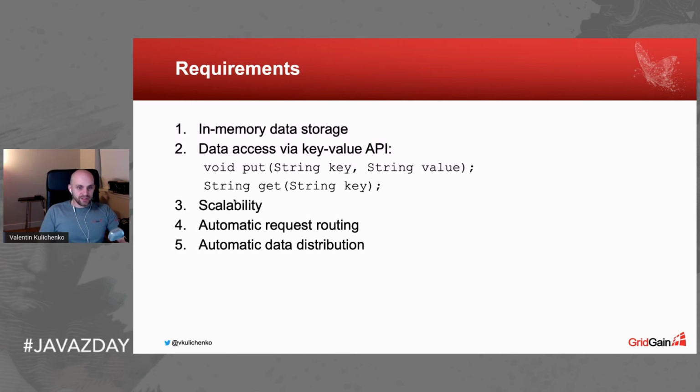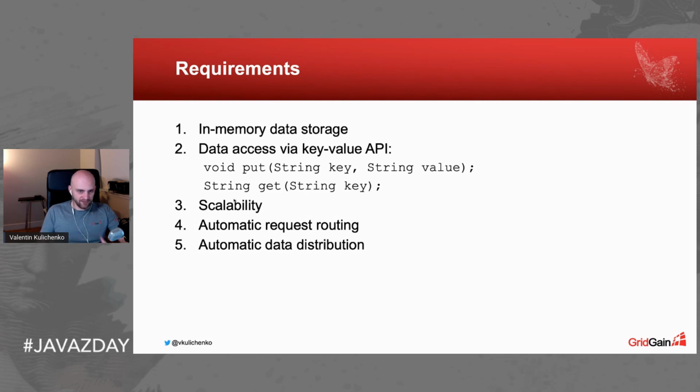The other two requirements, 4 and 5, also relate to scalability, because scalability basically has two aspects, right? The first aspect is what I call computational scalability, meaning that we want to process different requests on different nodes, on different computers.